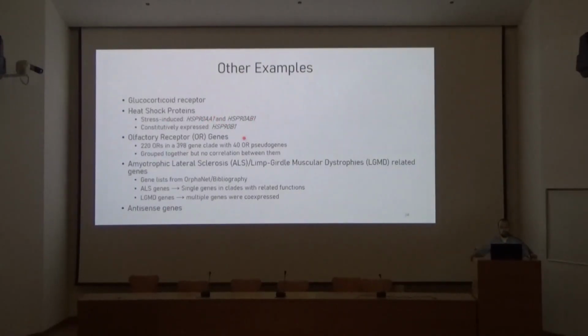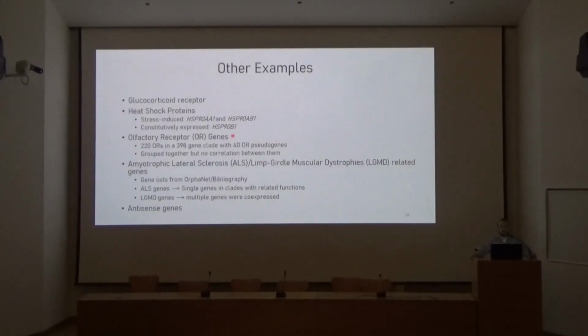We found that they are in the same co-expression clade, and they are co-expressed with genes that include functions related to their activity as chaperones. And also, we tested the HSP90B1 heat shock protein, which seems to be constitutively expressed, and we found genes that relate to its functions as well, but are not stress-induced.